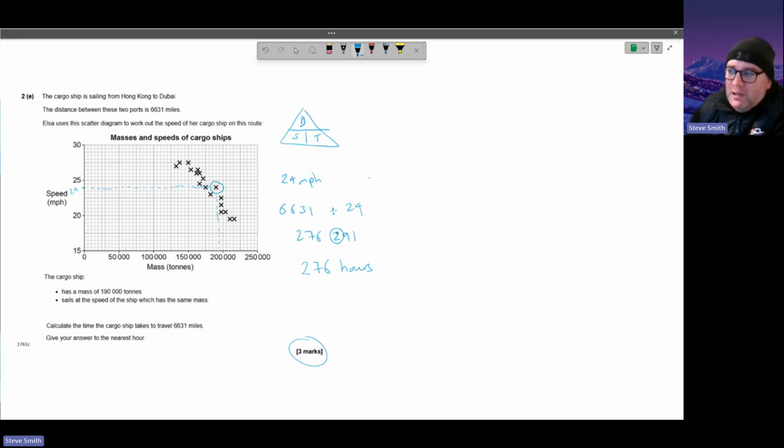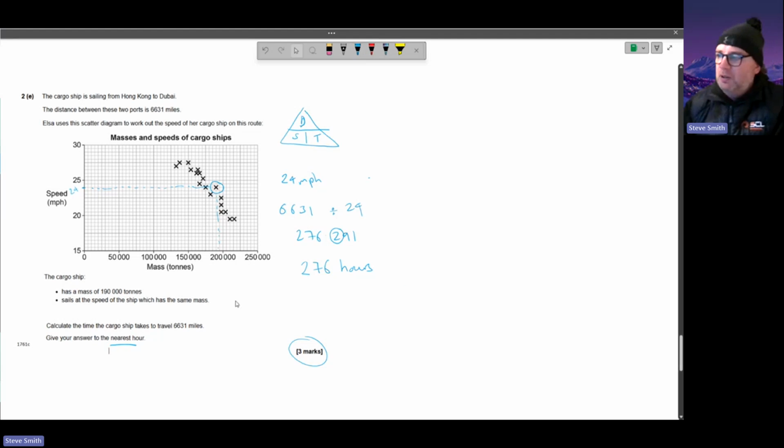It's like those questions about whole slices of fence or whole tins of paint. We can't have 0.2 of a tin of paint, so we'd go for 277, but it's asking you for the nearest hour. And the nearest hour is 276 because that's not over halfway. So 276 is the right answer.